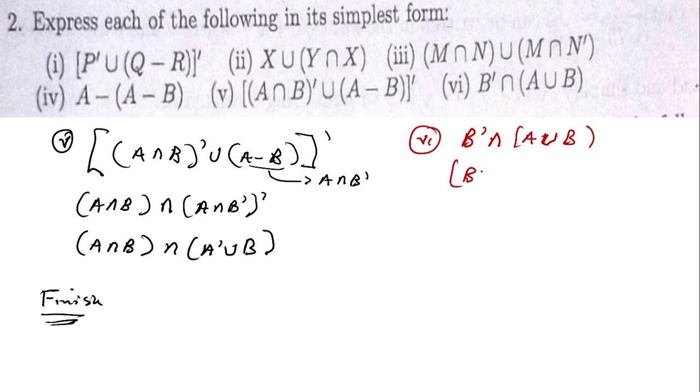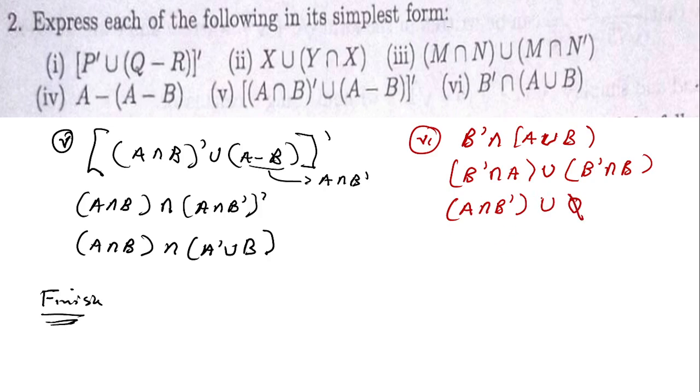So this will be B complement intersection A, and then this one will also be the union, and then you say B complement intersection B, like that. So B complement intersection A can also be written as A intersection B complement, and then union, you know that B complement intersection B is just an empty set. So you are uniting an empty set with a given set.